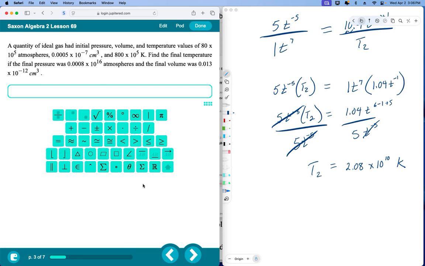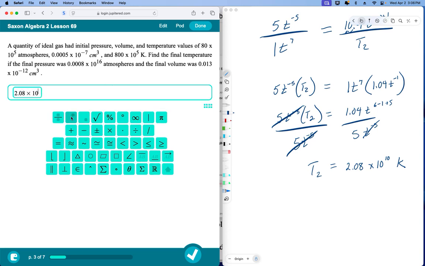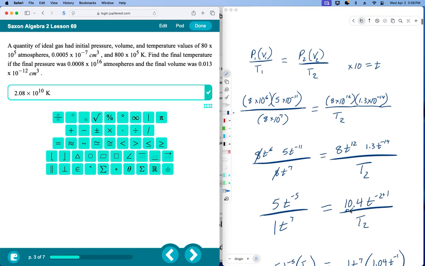So let's type this in and see if we are correct. 2.08 times 10 to the 10th power. I'm going to get out of the box and type a capital K for kelvins, and we're correct. So that's just a method to keep you from having to write times 10 times 10 times 10 every time.